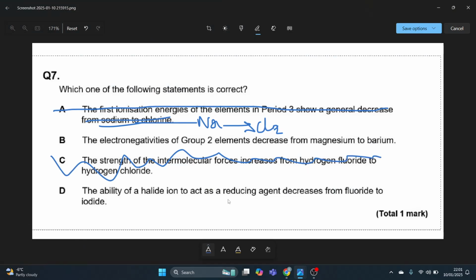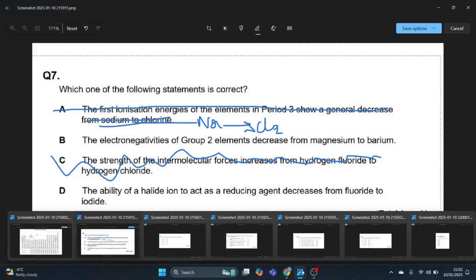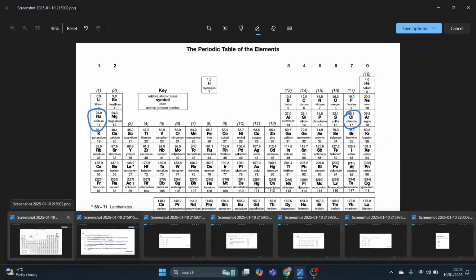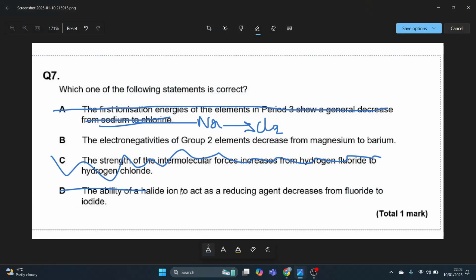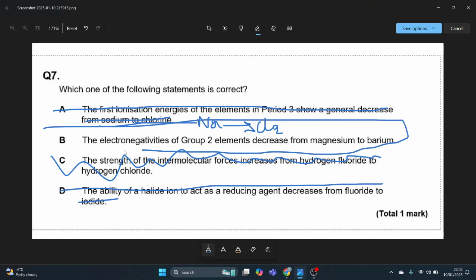D. The ability of a halide ion to act as a reducing agent decreases from fluoride to iodide. No, it increases. So the answer is B. I haven't gone through electronegativity of group 2 elements, and I do need to go through it again because I clearly wasn't able to spot it.